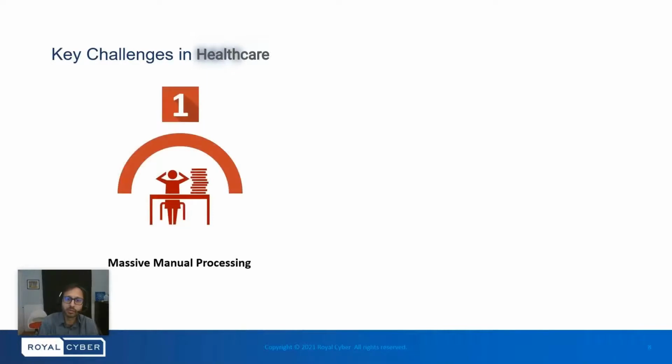All right, so what are the challenges? Let's see. Healthcare is largely dependent on manual processes, as we know. Such a large number of manual processes slow down the overall efficiency, increasing the execution time and inefficiencies.